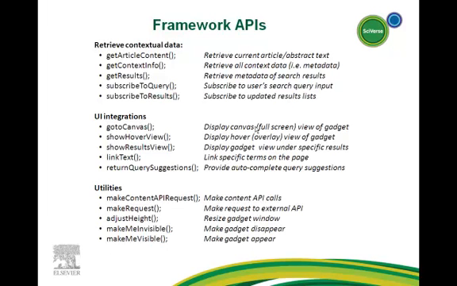This includes creating hyperlinks for specific terms on the page, as well as providing autocomplete query suggestions, among other things. Utility APIs allow the gadgets to perform tasks like making requests to content APIs or to external APIs. Also, gadgets can use these APIs to control their own visibility.